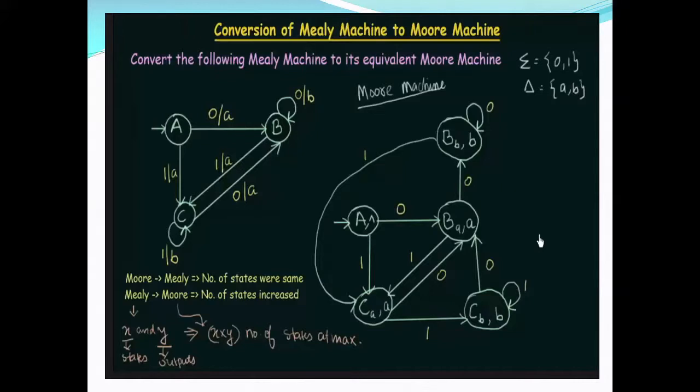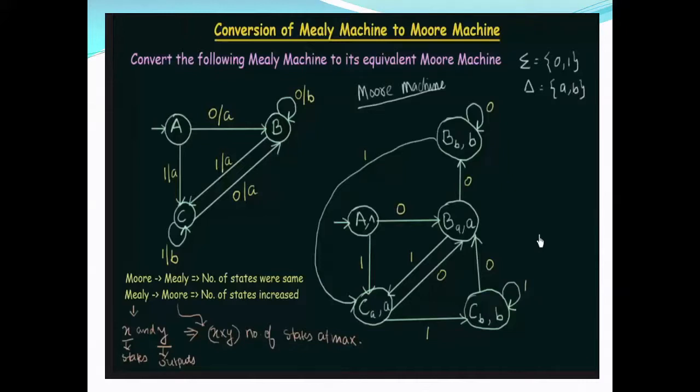The small change here is that earlier, in the Moore machine, states would give you output. Now the transition should give you the output, because the Mealy machine is giving you output on transitions.